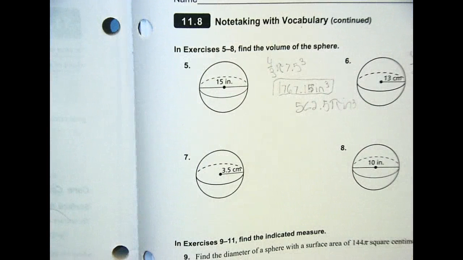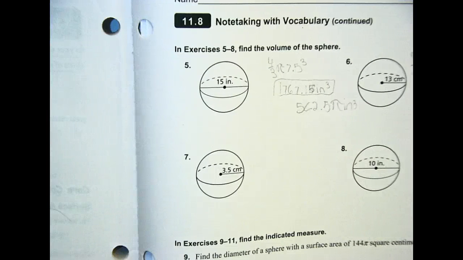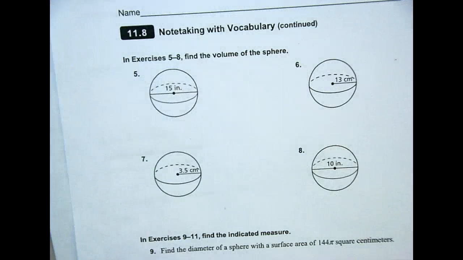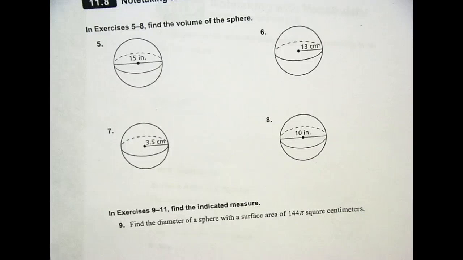Hey, did everyone see Carson's? We're supposed to do the 10th, right? Yeah. I had the same answer. We were supposed to round to the 10th, right? What did you get? I got 1767.14. Well, 0.1. All right. I haven't been checking those, so I hope you guys are checking. Carson, what'd you get?